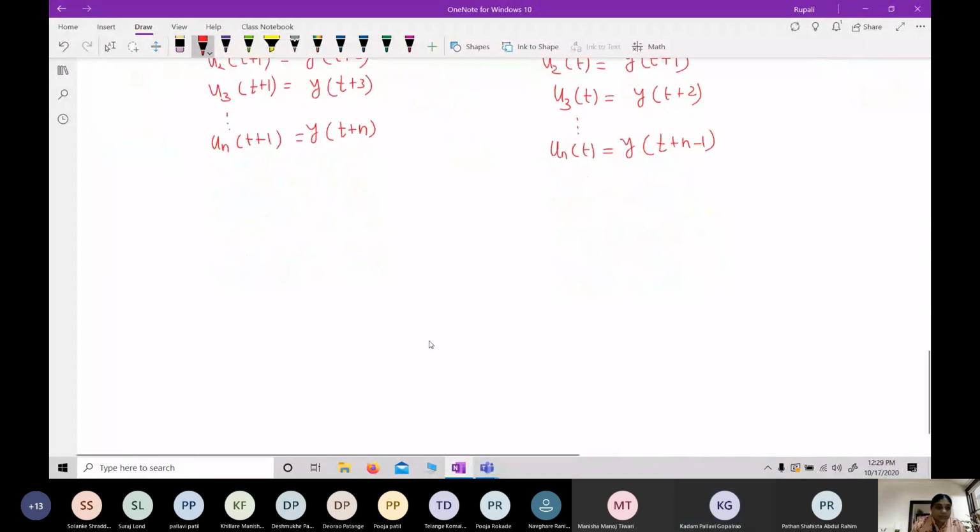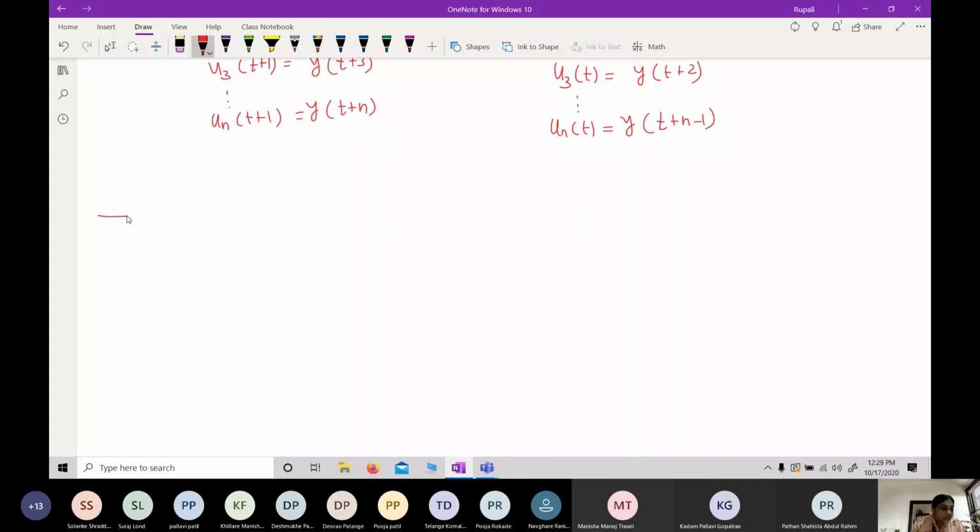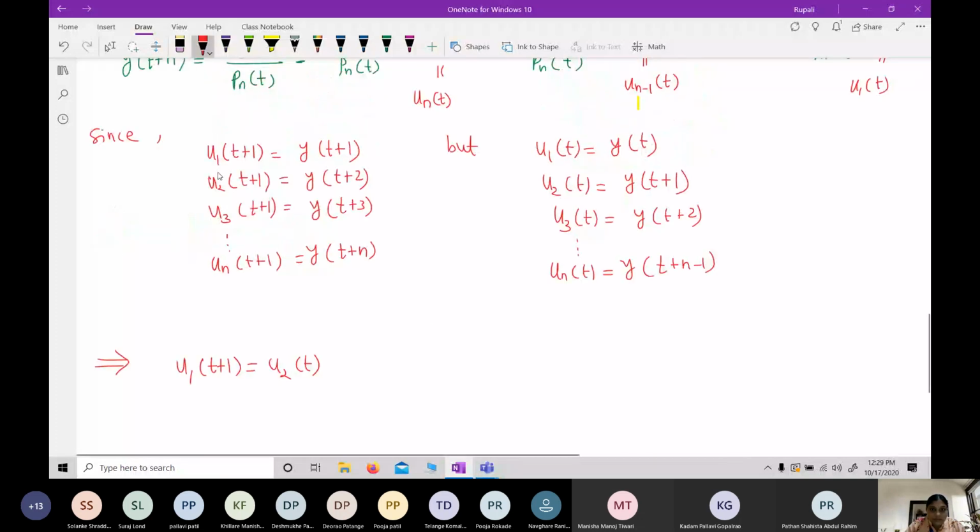Okay. So what this implies? This implies u1t plus 1 is nothing but u2t. You can see here. Is that right? So u1t plus 1 is nothing but u2t.